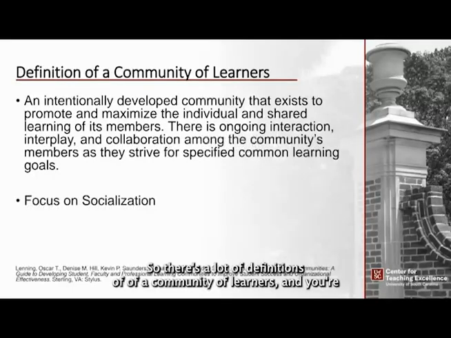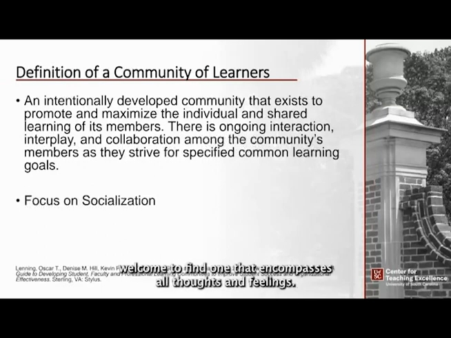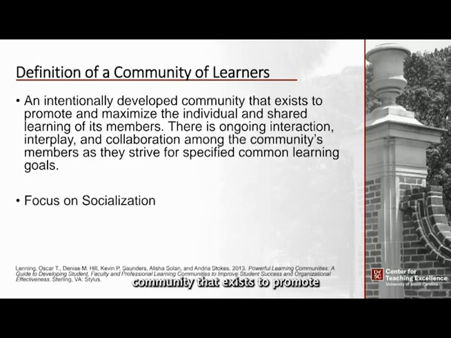So there's a lot of definitions of a community of learners, and you're welcome to find one that encompasses all your thoughts and feelings. But I think this one is very good. It comes from 2013, Oscar Lenning, Denise Hill, Kevin Saunders, Alicia Sloan, and Andrea Stokes, and they define it as an intentionally developed community that exists to promote and maximize the individual and shared learning of its members.